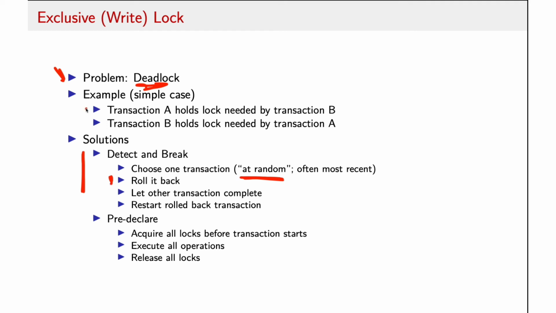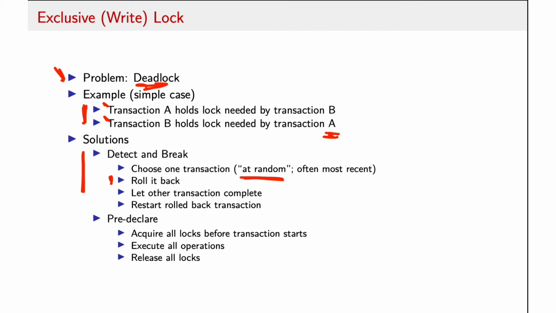So in this simple case where we just have two transactions that are deadlocked, if transaction A got started first and transaction B got started after that, transaction B would be the one that we would cause to roll back. And because B was holding a resource needed by A, now A can continue forward and eventually complete, releasing its lock that transaction B was waiting for.